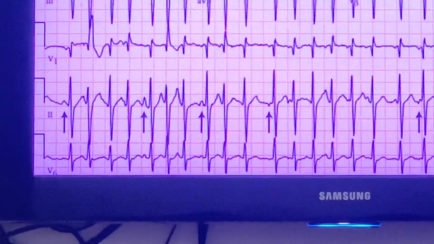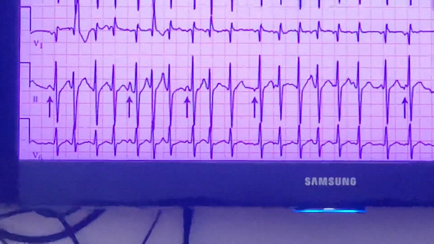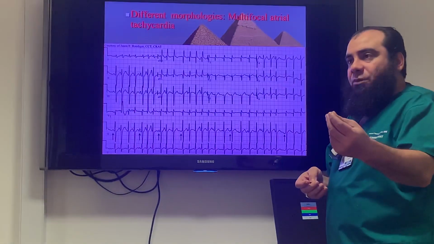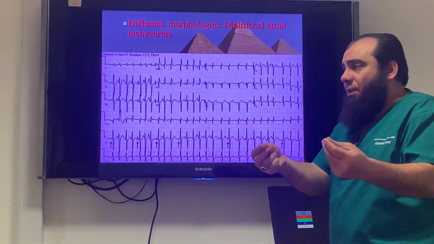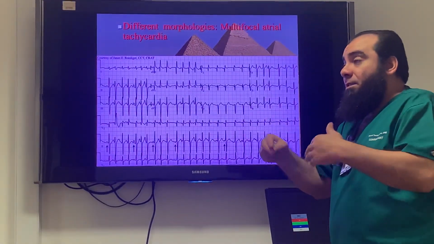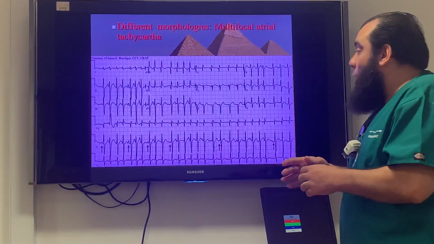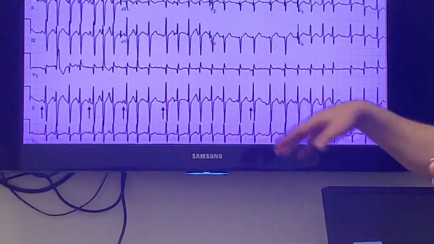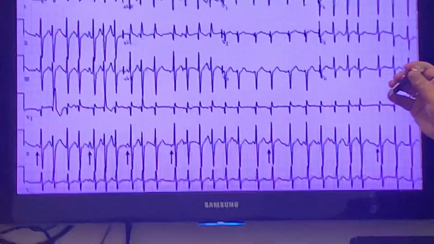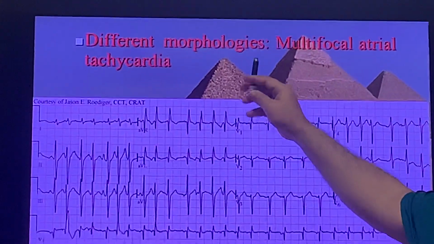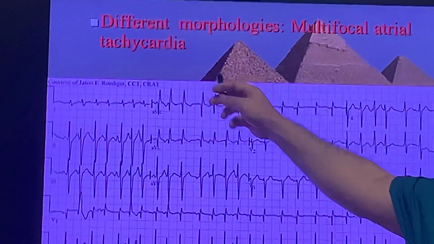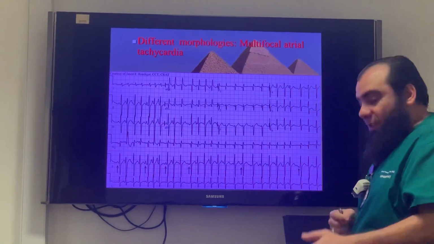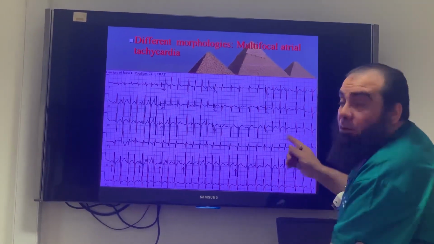SA node might give one of them, that's fine, but some other focuses are sharing, and they are coming irregularly. So P wave from this focus, then after a while from that, and after a while from another, and they are going irregularly to the ventricle. So it gives the shape of AF, which is irregularly irregular, but P wave is there. What do you call it? MAT. Multifocal atrial tachycardia. Is it okay? So it can come with different morphology. Is it clear?